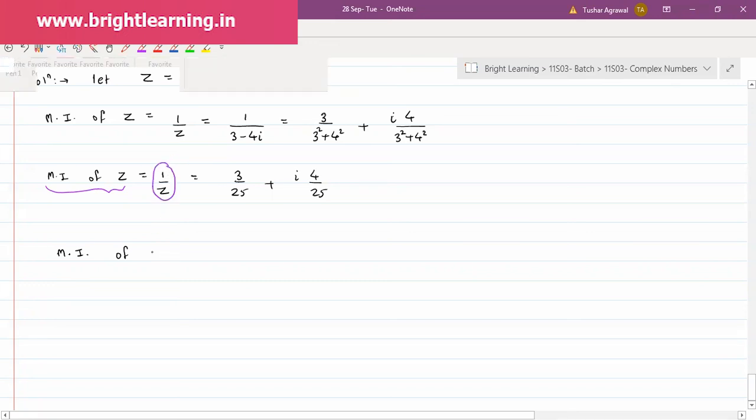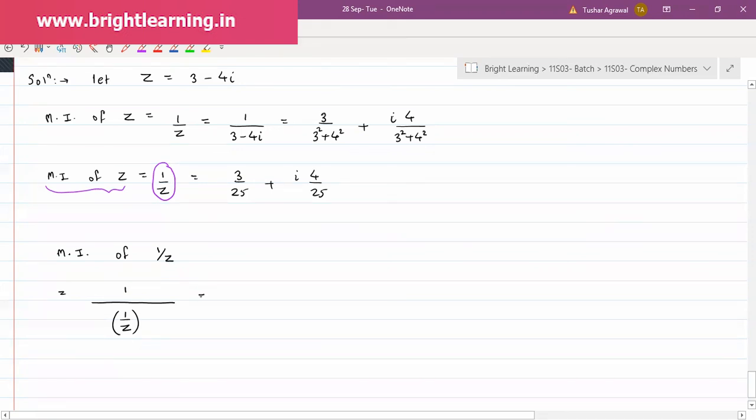So you have to find the multiplicative inverse of 1 upon z. 1 upon z is some complex number, so how do you represent it? The multiplicative inverse of this complex number is represented by 1 horizontal line 1 by z. Yes or no? Is the representation correct, Pujita? Yes, sir. 1 horizontal line 1 by z.